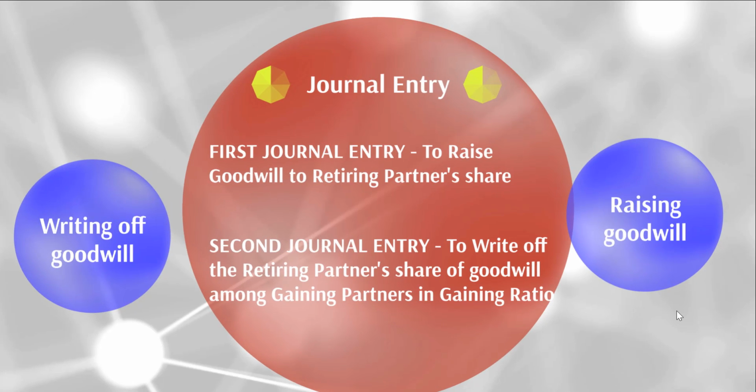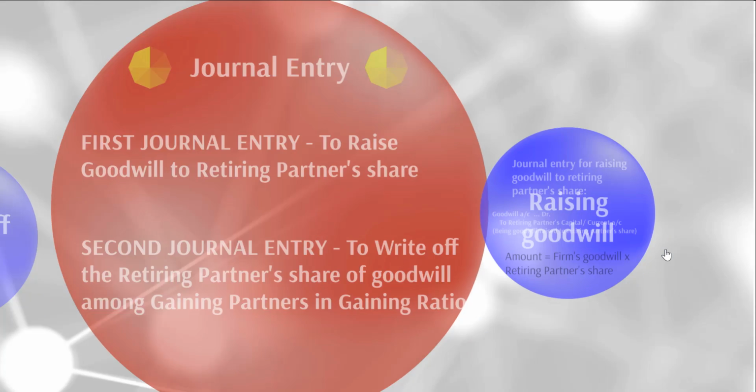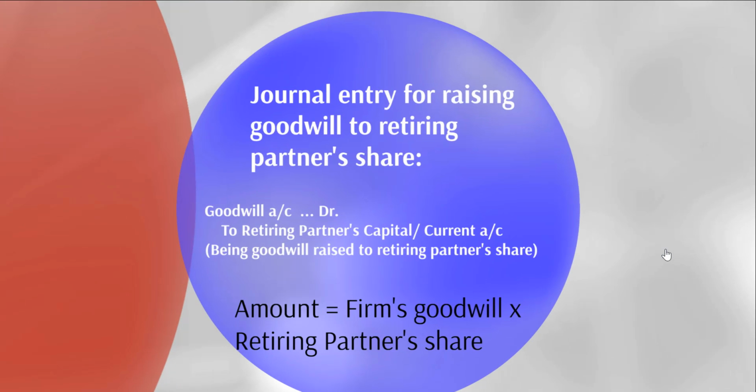The first entry for raising goodwill to the retiring partner's share is goodwill account debit to retiring partner's capital or current account, being goodwill raised to retiring partner's share. And the amount for this journal entry is equal to the value of goodwill of the firm multiplied by the retiring partner's share in profits.